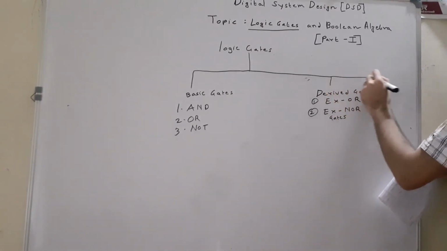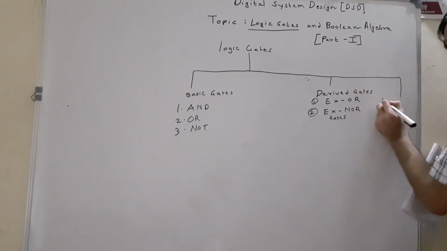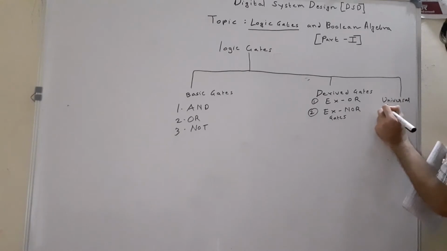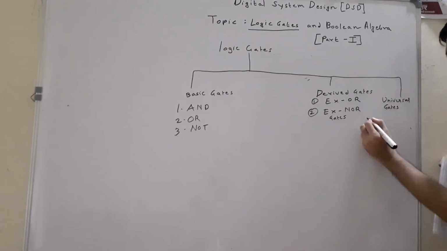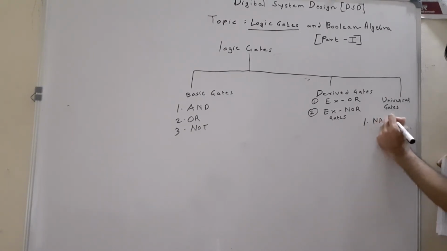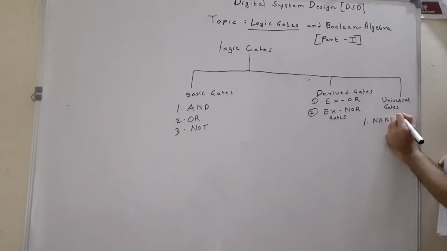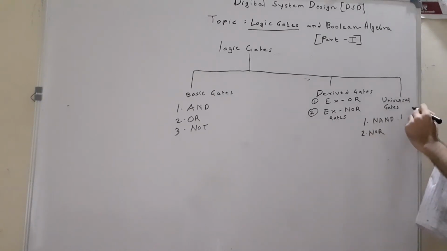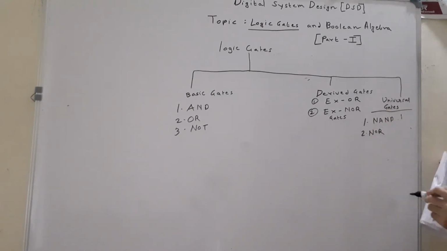And there is also a third type, which are known as universal logic gates. So what are universal gates? NAND and NOR. NAND gate, and the second one is NOR gate. Why are they known as universal? You can implement any Boolean expression using only NAND and NOR gates.